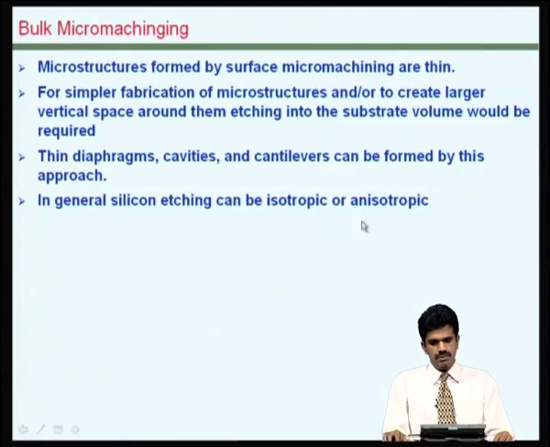In anisotropic etching, on the other hand, we can make use of the crystal nature of the silicon, being rotationally asymmetric, to build very interesting geometries.